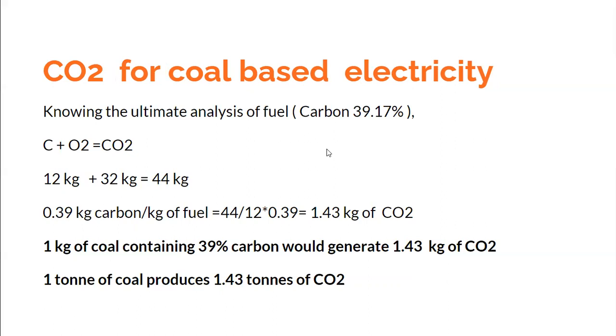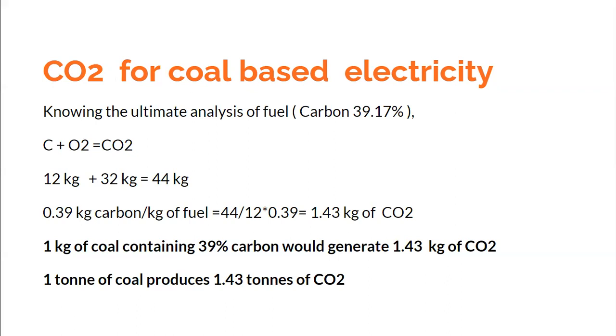Similar to what was discussed earlier, 12 kgs of carbon combines with 32 kgs of oxygen to form 44 kgs of CO2. It means 0.39 kgs of carbon, which is present in 1 kg of fuel, would generate 44 by 12 multiplied by 0.39, which is about 1.43 kgs of CO2. So that gives us the carbon footprint for every kg of coal.